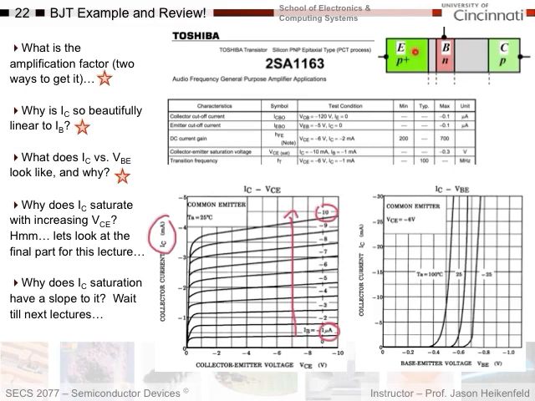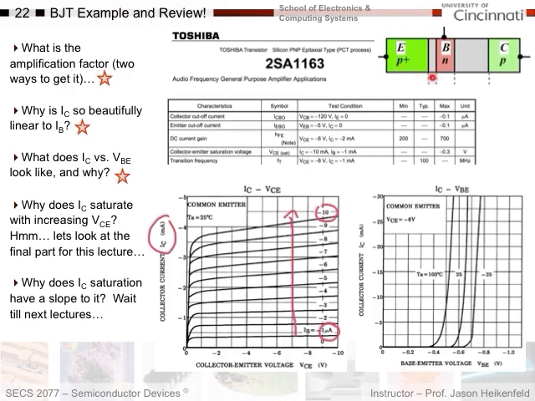The next thing I want you to look at here is collector current versus VBE. What's this look like? Well, this is important to answer because if you look at this, you're like, that kind of looks like a diode, right? Well, that makes sense because that's exactly what we're doing.